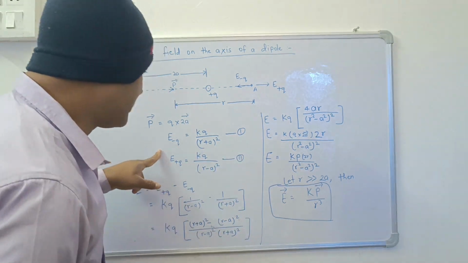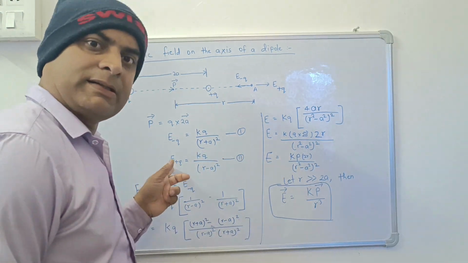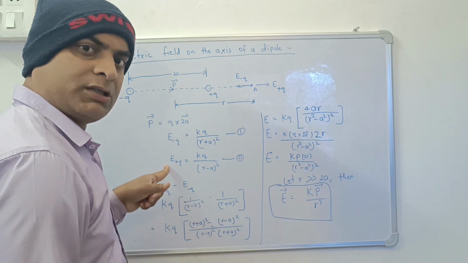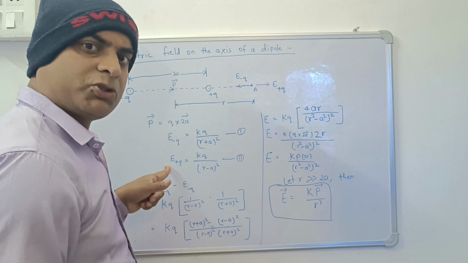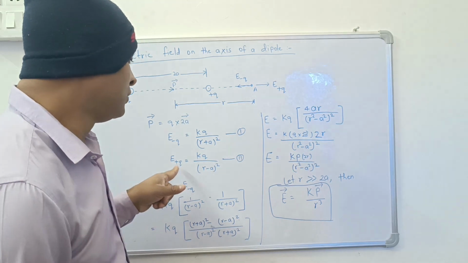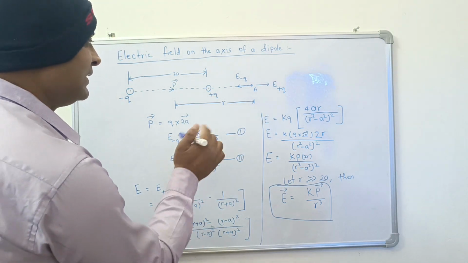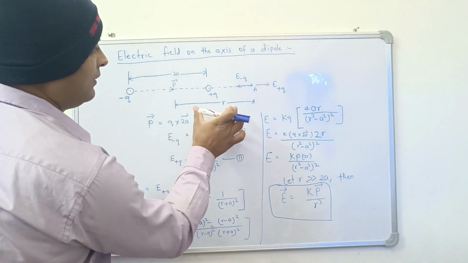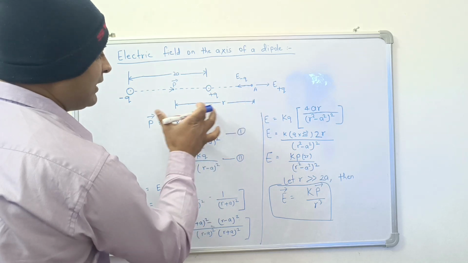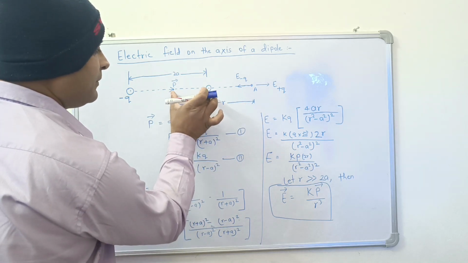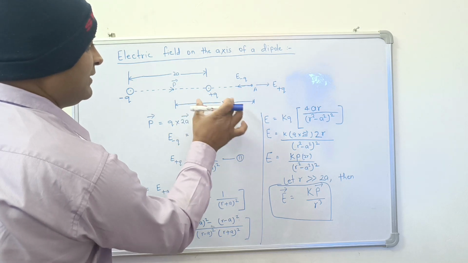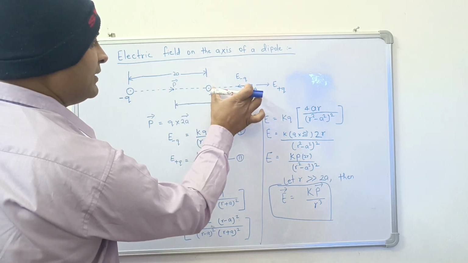Now the electric field due to the positive charge at point A is kQ upon the square of the distance between the positive charge and A. If the total distance is r, we subtract a, so the distance is r minus a.